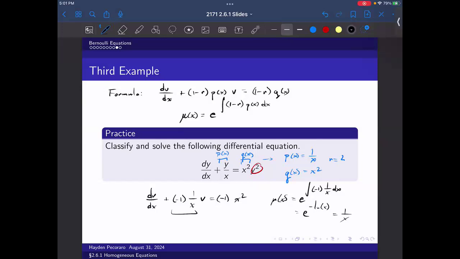So we want to multiply everything by 1 over x here. Or we can recognize that that's going to immediately give us the product rule. Equals -1 times x, or just x. And now we integrate both sides. Do that on the next page.